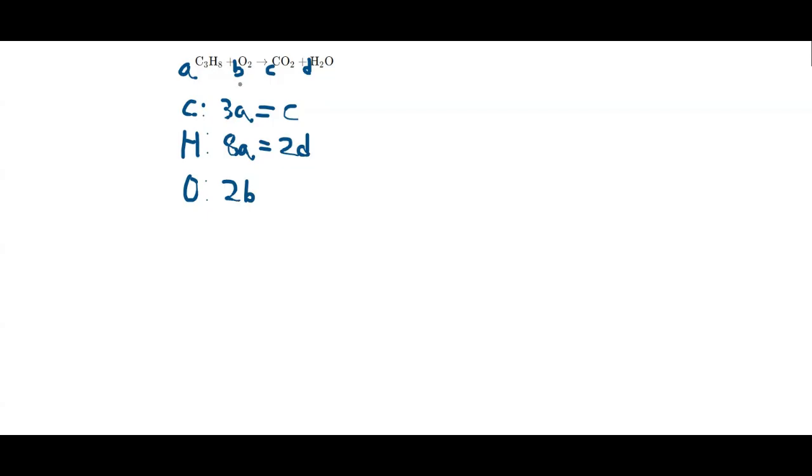So 2 times B, which is equal to 2C plus D. You can go ahead and simplify this by dividing by 2 here. So this becomes 4A is equal to D.